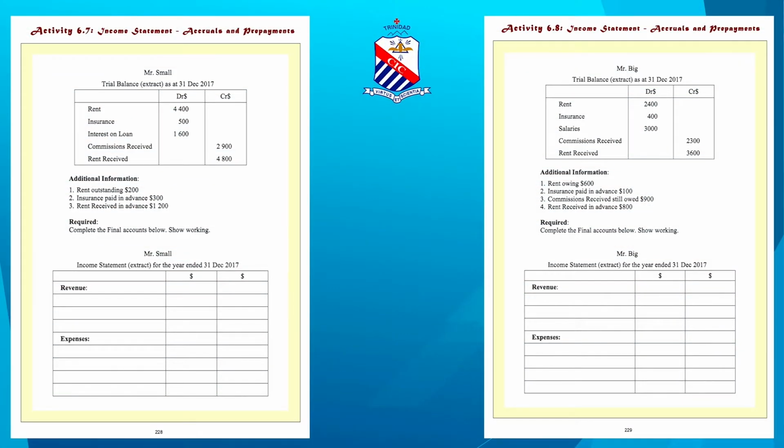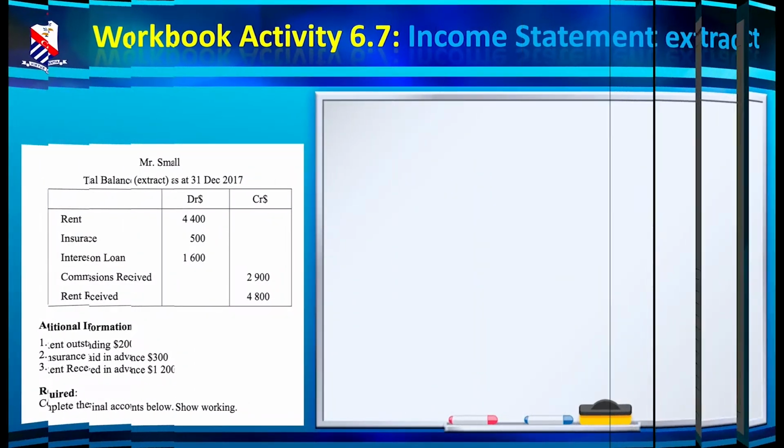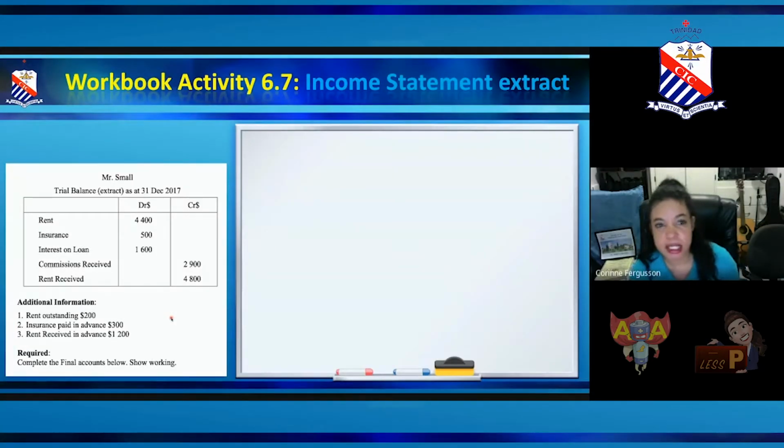Right, so I had given you this activity. We never got a chance to correct it because we were rushing to move ahead, so we are actually going to do that now. So your activity 6.7 in your workbooks, you have Mr. Small, and you can see here that you have your trial balance, which once again shows your amounts paid.